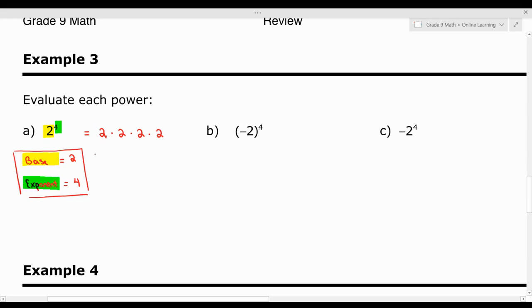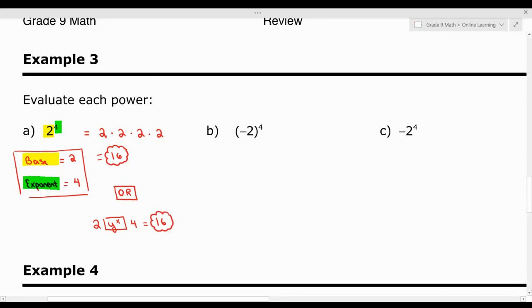Well, you could then say that's 2 times 2 is 4, times 2 is 8, times 2, you would get 16. So that one's not bad. You could probably do that without a calculator, hopefully. But again, we're focused on using the exponent button, the power button on our calculator. So double check that you could switch it up, maybe use this button, and then you enter the 4, and then you'd also get an answer of 16.